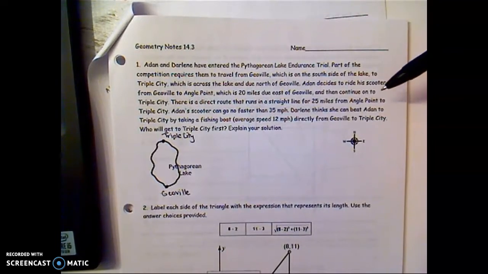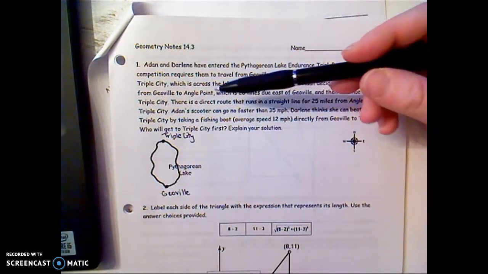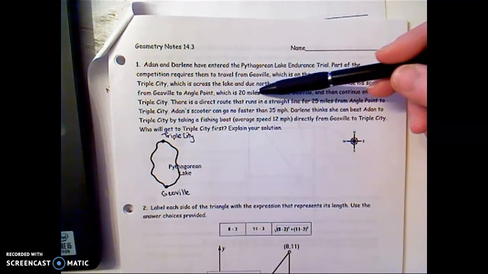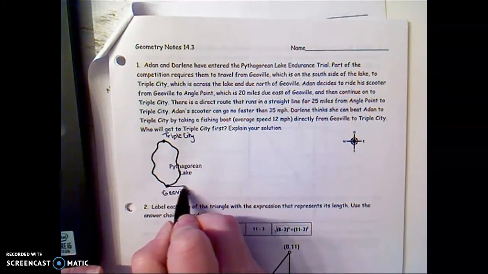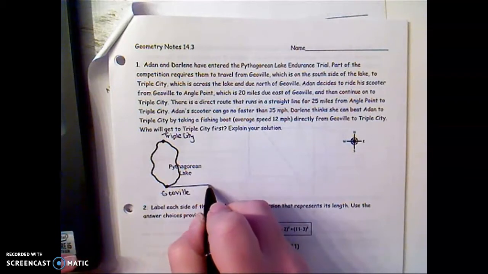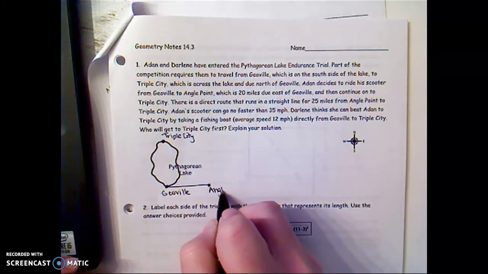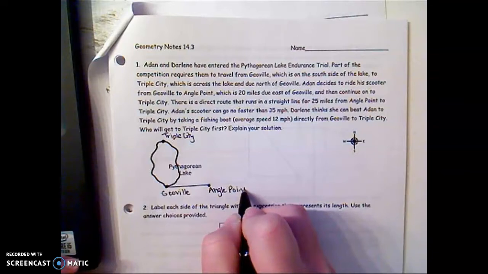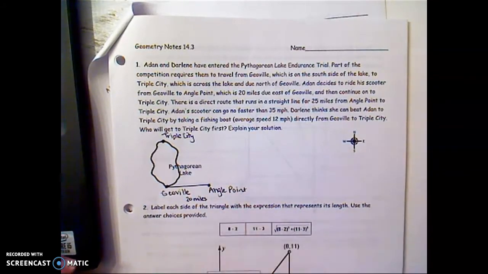Aiden decides to ride his scooter from Geoville to Angle Point. Angle Point is a town which is 20 miles due east of Geoville. So if you'll extend out a section from Geoville to a point that's due east, we're going to label that as Angle Point. And we know that that distance is 20 miles.